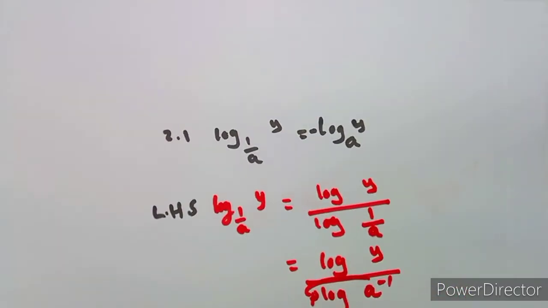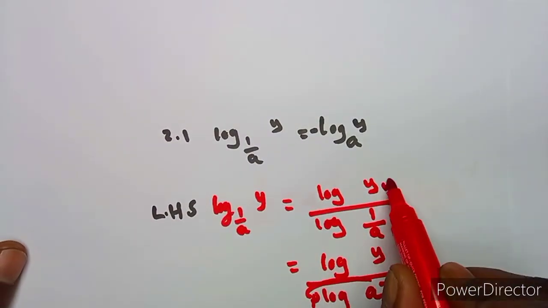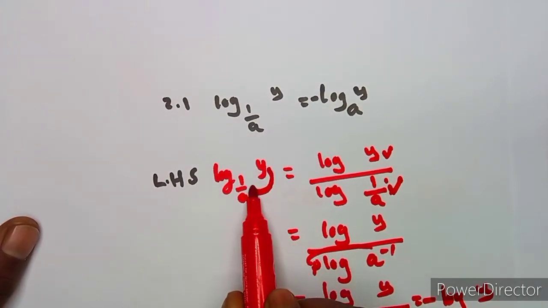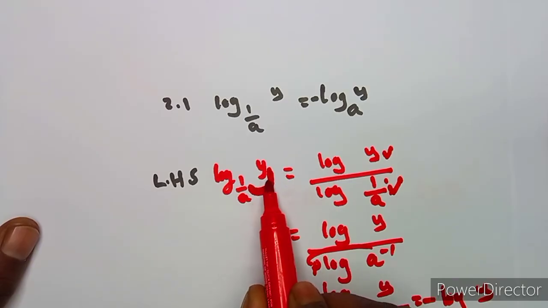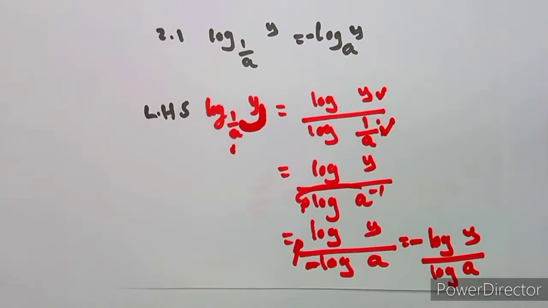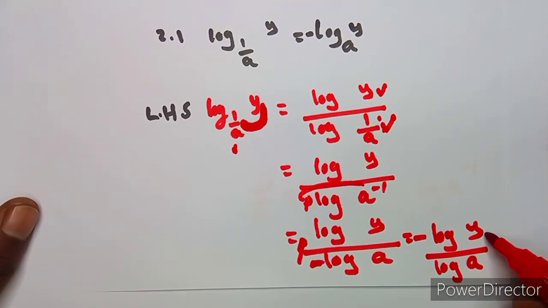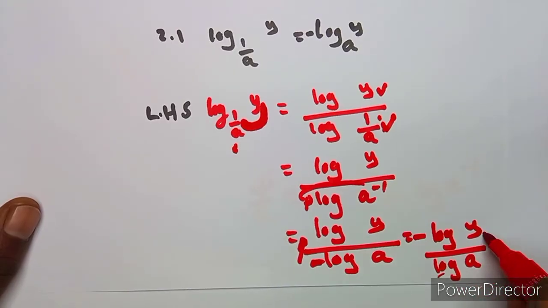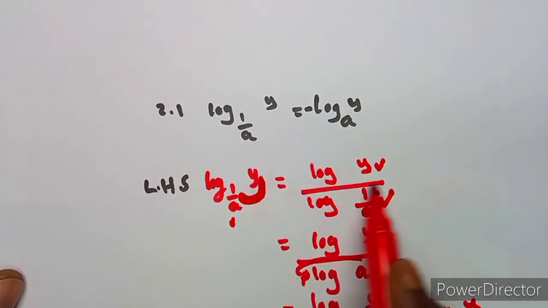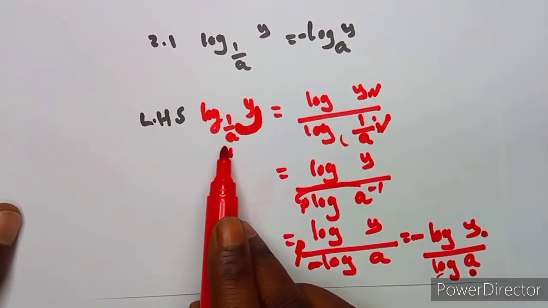But remember, guys, what we did here, we said writing log y over log 1 over a is the same as log y in base 1 over a. So it means writing log y over log a is the same as writing log y in base of a, just like this part here. This part is the one that gave us this.